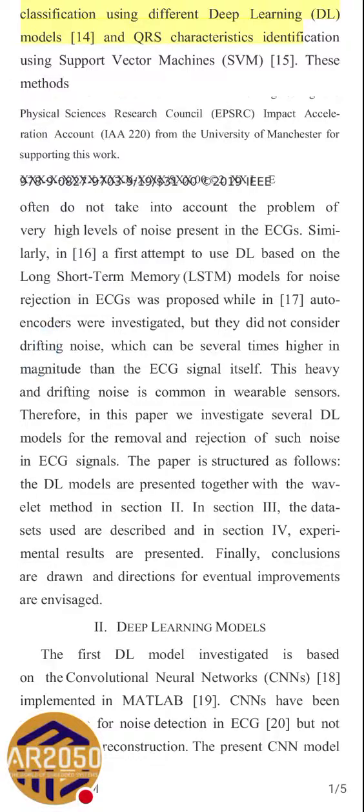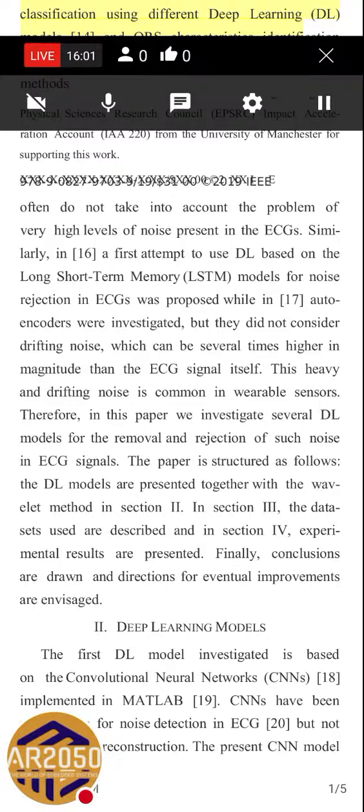Heavy and drifting noise is common in wearable sensors. So if someone is preparing for a wearable ECG, drifting noise and motion artifacts are very common noises, and we need to take care of that. Therefore, in this paper, we investigated several DL models for removal and rejection of such kinds of noise in the ECG signal.